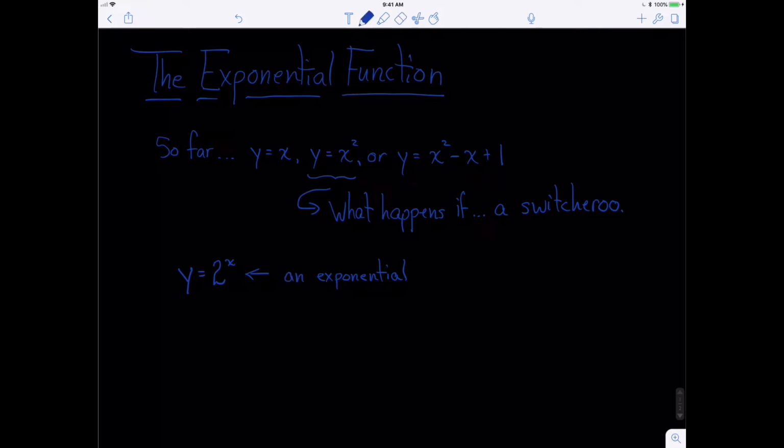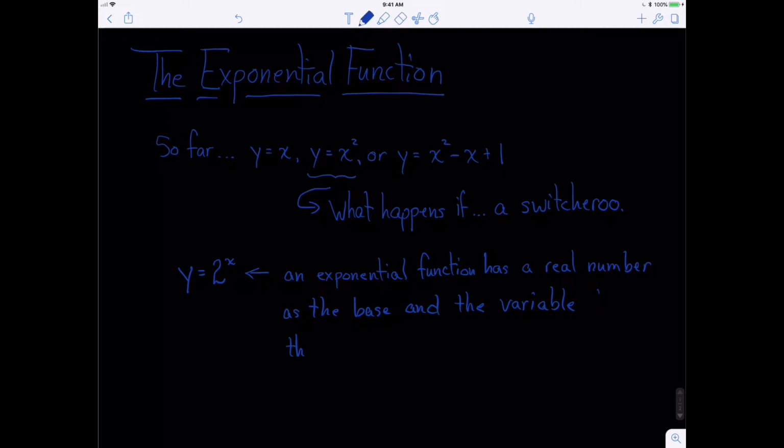An exponential function has a real number as the base, and the variable as the exponent.